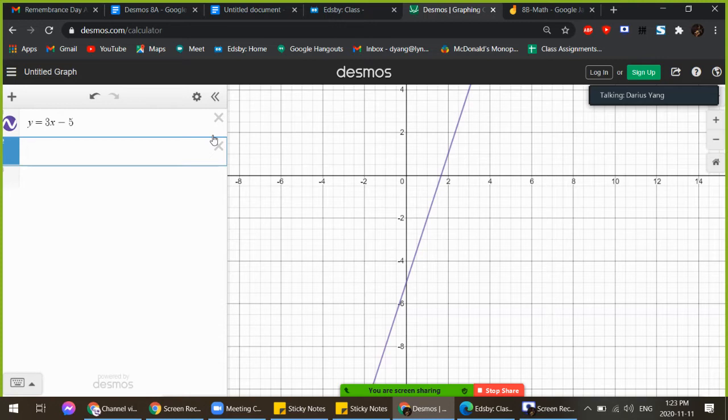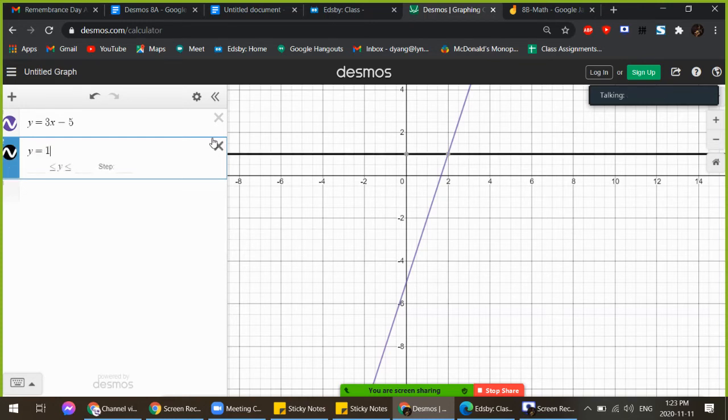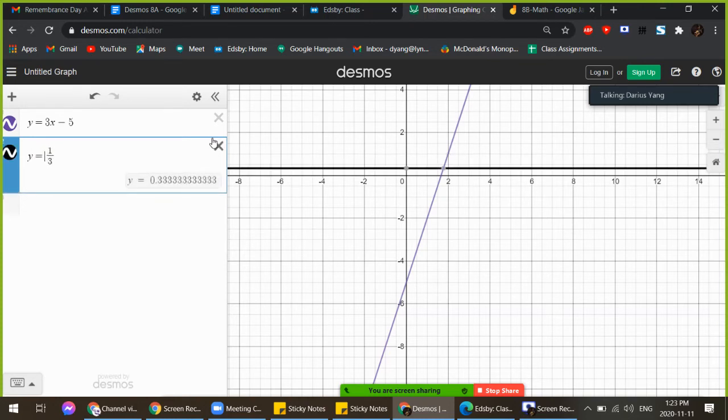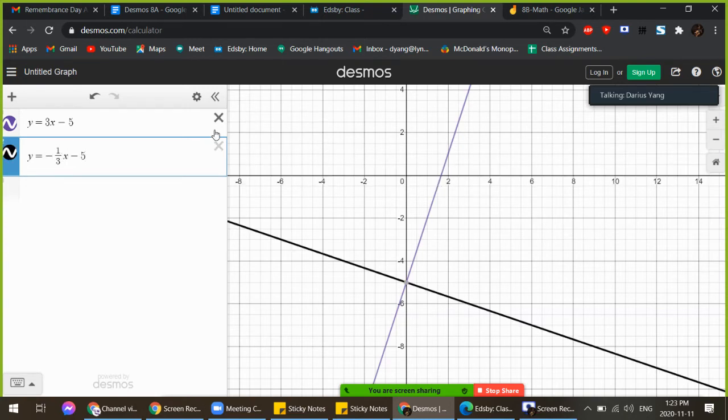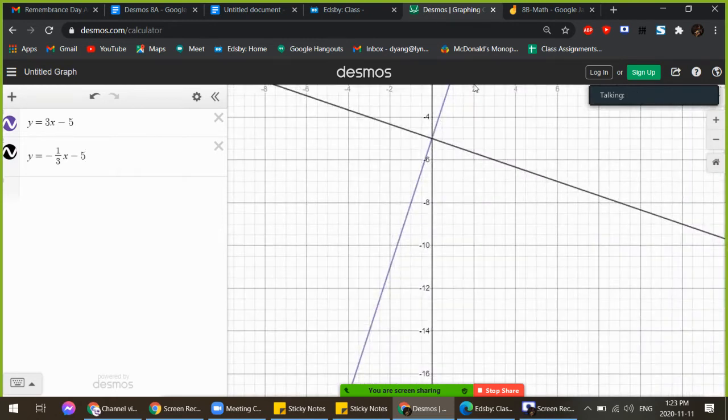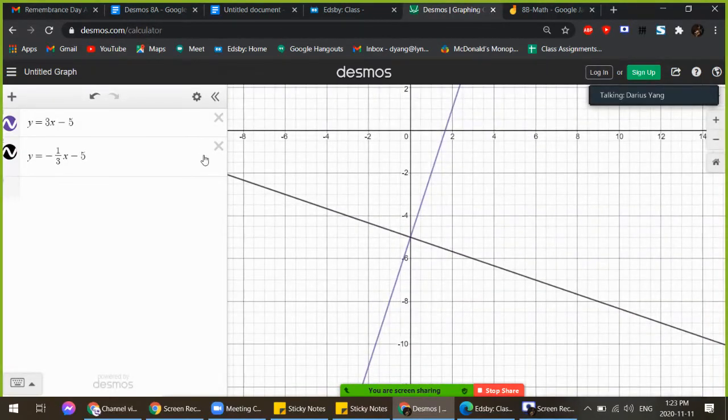So what is the negative reciprocal of the slope 3? Negative 1/3. Nobody figured that out in the last class, by the way. It's not difficult though, right? Negative 1/3 x minus 5. What do you notice? 90 degrees, right? Perpendicular. That's something interesting I want you to know.